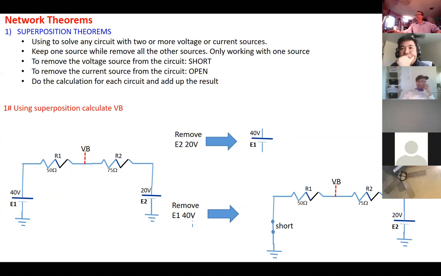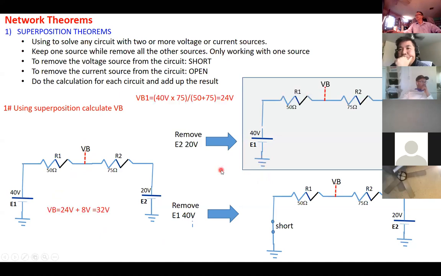So now in this case, I want to remove E2. This is not displayed for me. Okay, this is removing E2, I remove this one, so you see it shorted. What I need to do is calculate the VB.